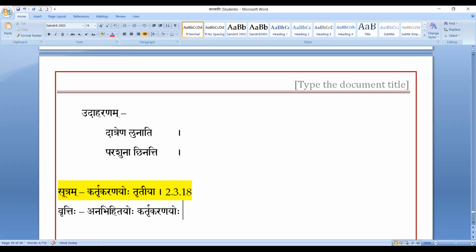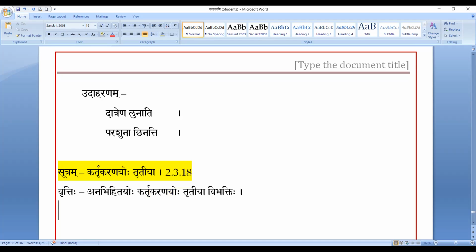Therefore, Karta and Karana, Kartrkaraka and Karanakaraka, which are not denoted, would be what vibhakti? Tritiya vibhakti. When will Karta be Anabhihita? In what prayoga? Answer. When will Karta be Anabhihita, not denoted?